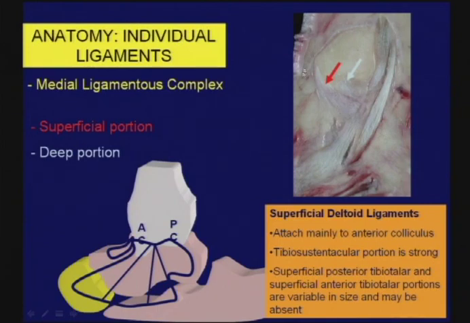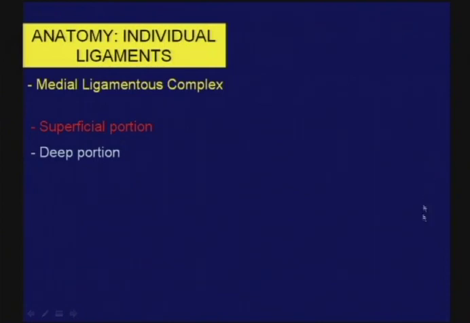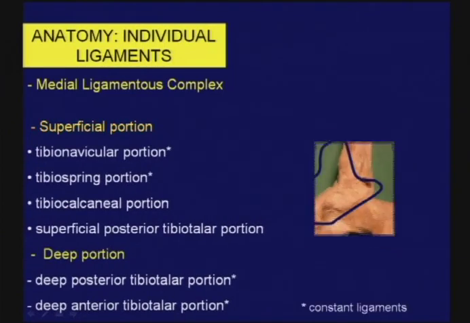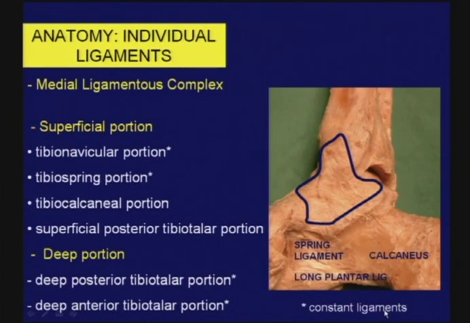Hence, when you look at a section in a cadaver, this would be superficial. Deltoid is oriented the same way. Here is the deep deltoid attaching to the intercollicular groove and the posterior colliculus. Then things get a bit confusing because there are various components of the superficial and deep part, and some of these are fairly consistent, some of them are not.